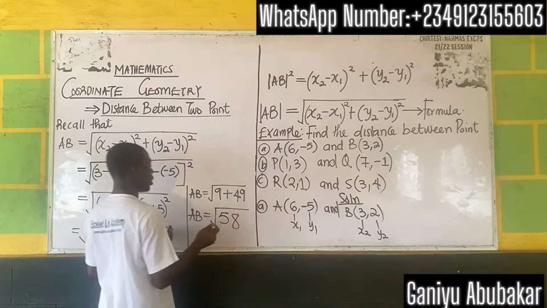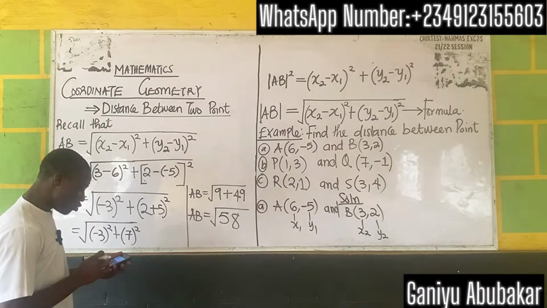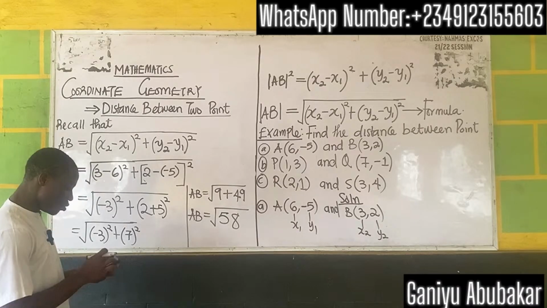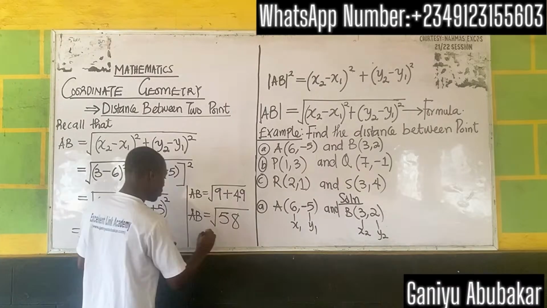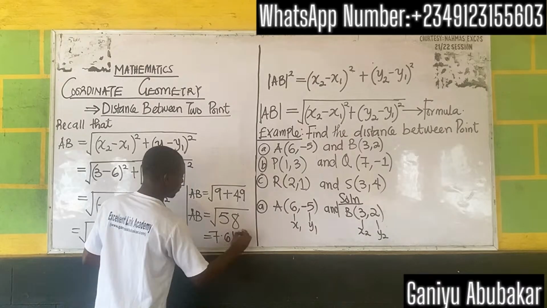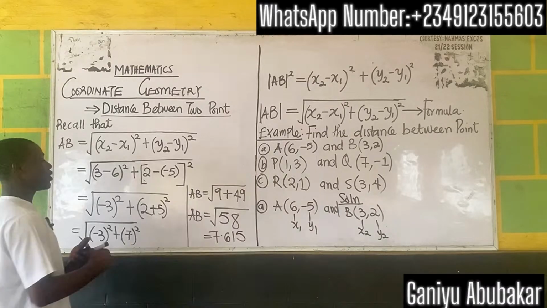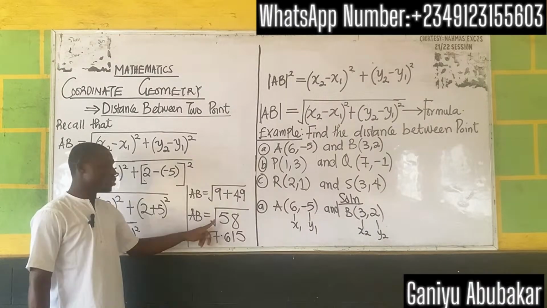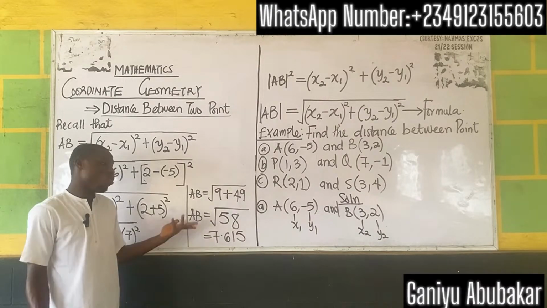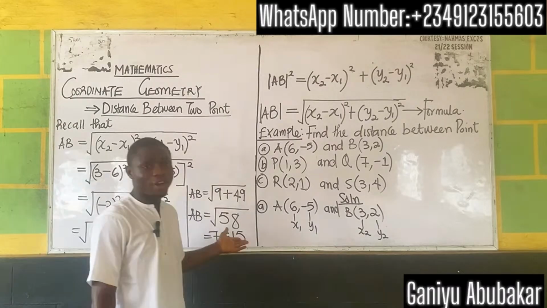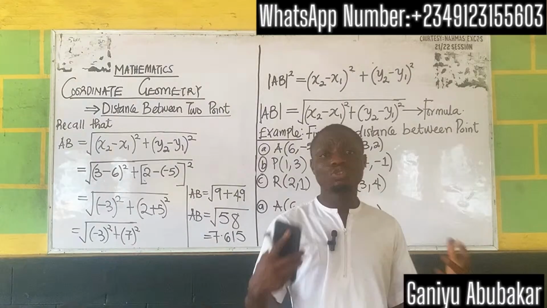So you can press the square root of 58 if you want to. That gives you about 7.615. So the distance between 2 points A and B in this case is either you call it root 58 or 7.615. This is how you solve. This is how you find the distance between 2 points.